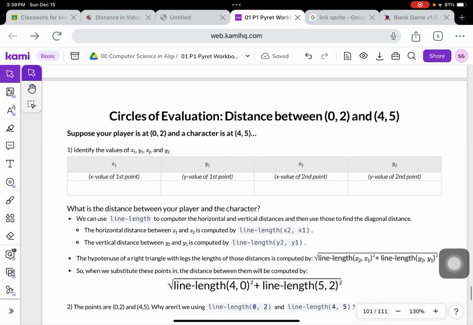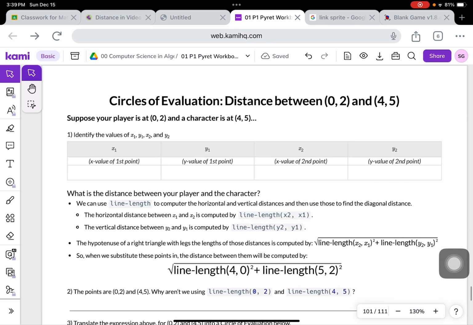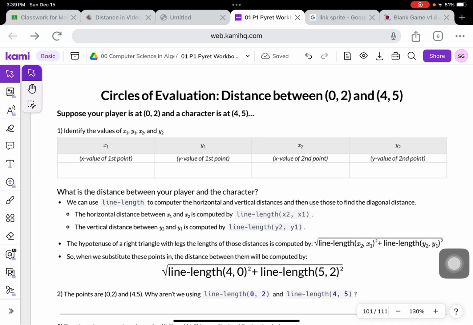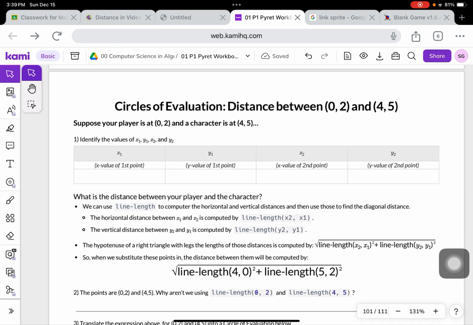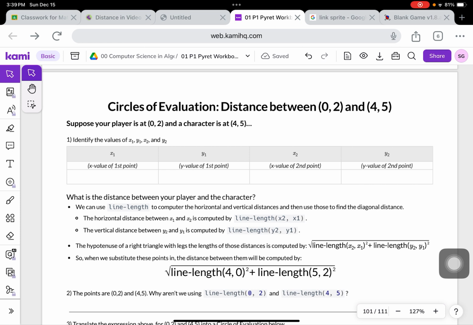Okay, so to make our circle of evaluation, we're going to identify the values x1, y1, x2, and y2. So x1 is the x value of the first point. Y1 is the y value of the first point. X2 is the x value of the second point. And y2 is the y value of the second point.